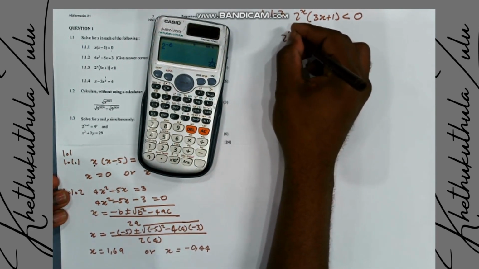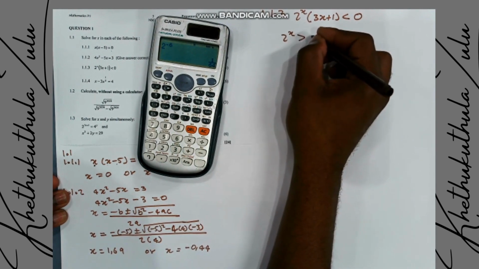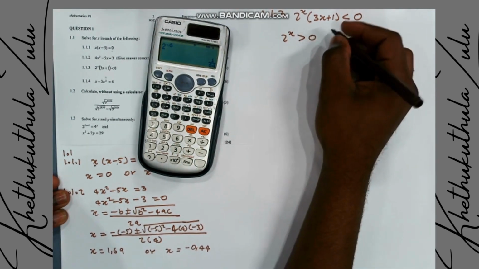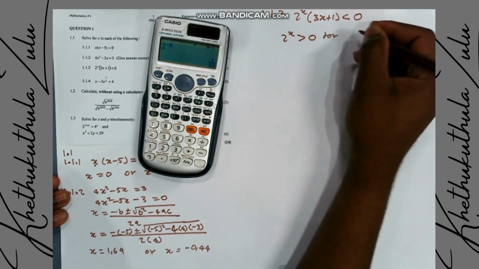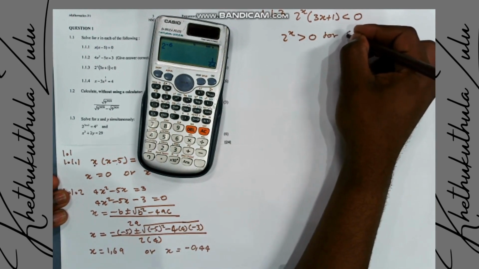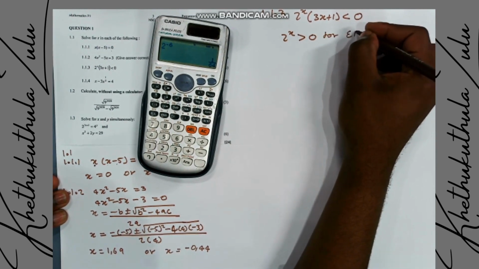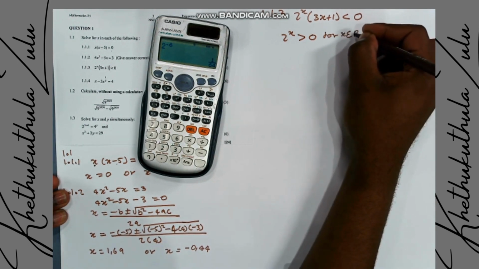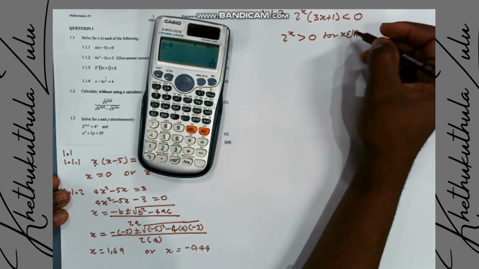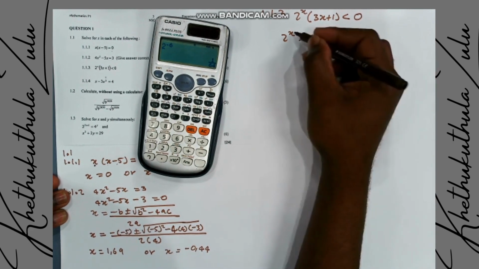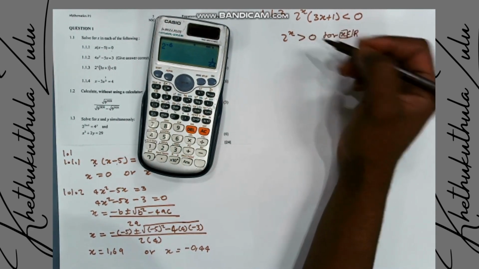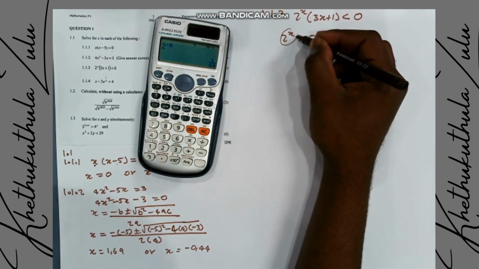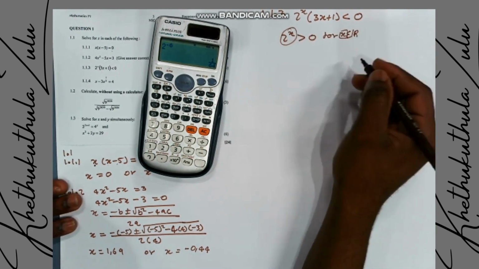So 2^x will always be greater than 0 for all values of x, element of real numbers. If you can put any value of x here, this thing will always be positive, so it will always be greater than what?